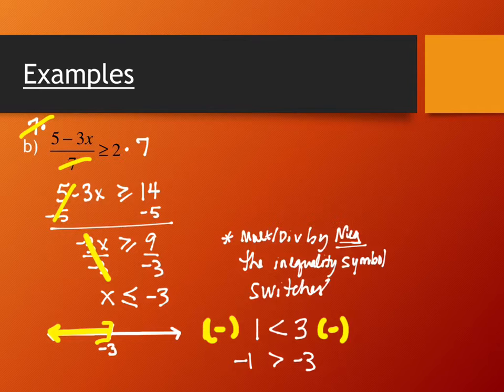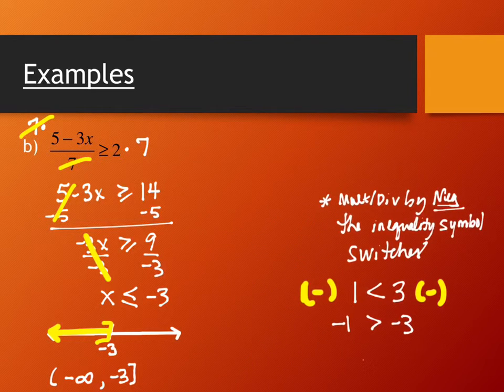And then if requested, my interval notation, much like the last one, starts at negative infinity and goes to negative 3. But this time there's a bracket on the end of it. Okay, so over here, not part of our actual problem, was this a side note. And our solution's right here at the end. Any questions so far?